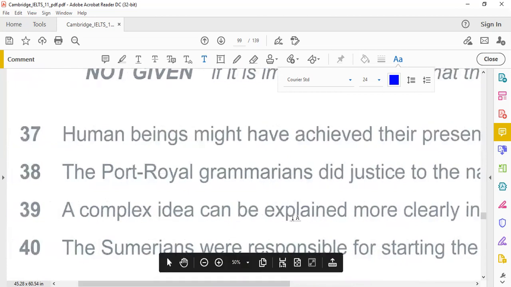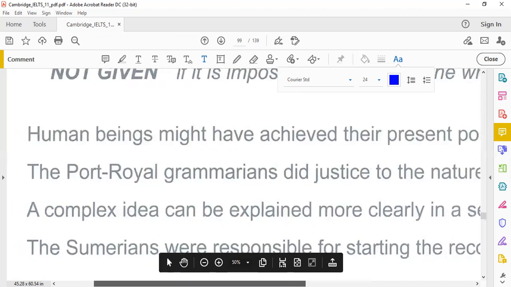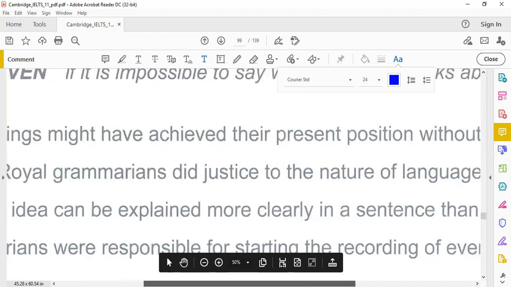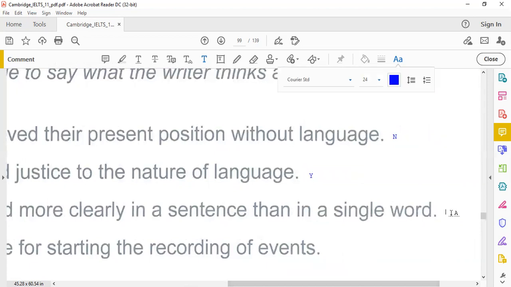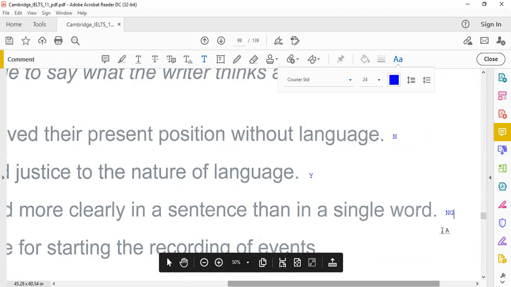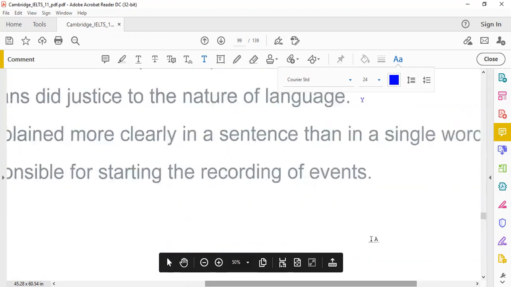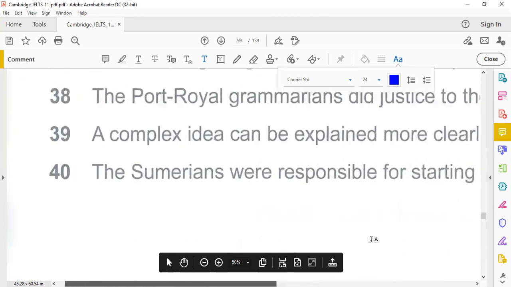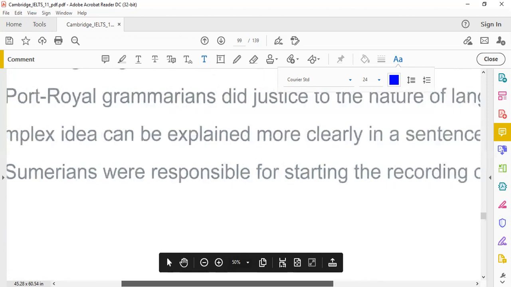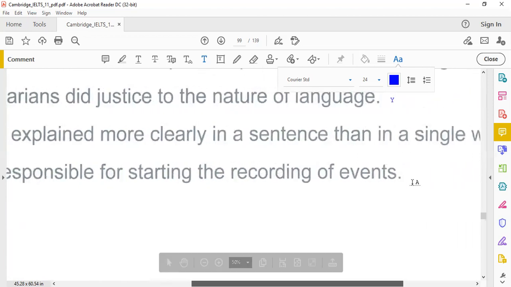A complex idea can be explained more clearly in a sentence than in a single word. Not given. Okay, these Sumerians, these are the people belonging to an old civilization, and the Sumerians were responsible for starting the recording of events.